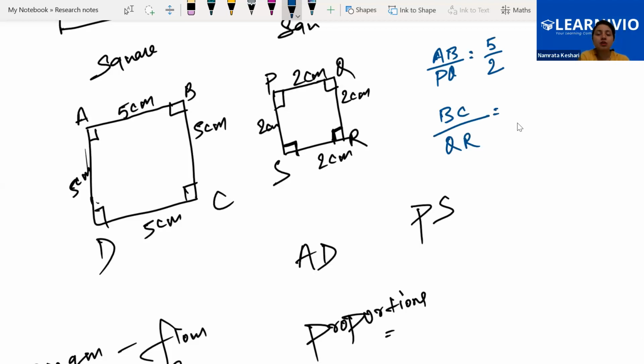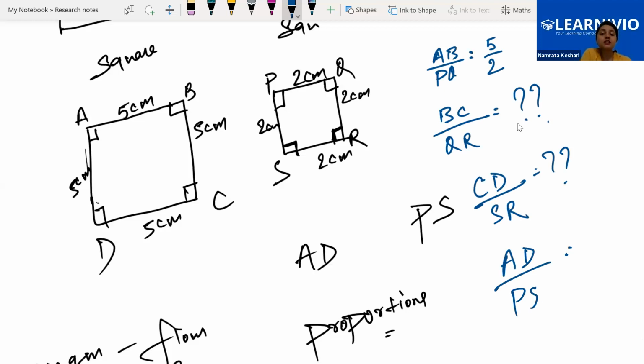Is it also 5 by 2? Now check CD by SR. This is also 5 by 2. Check AD by PS. This is also 5 by 2. If all are the same fraction, then we will say that both the figures are similar figures.